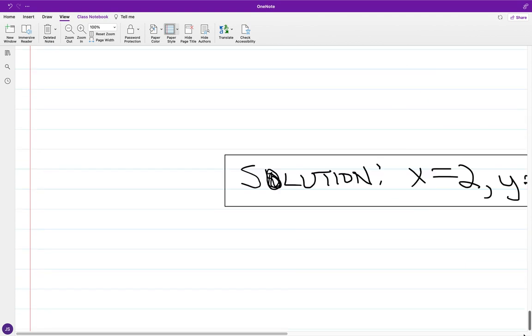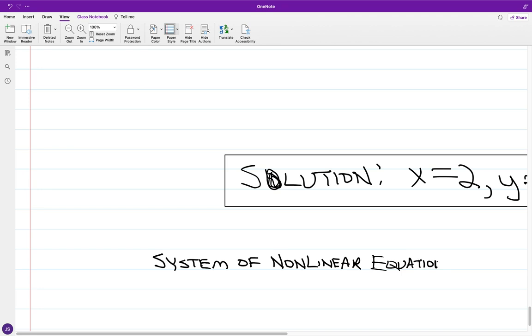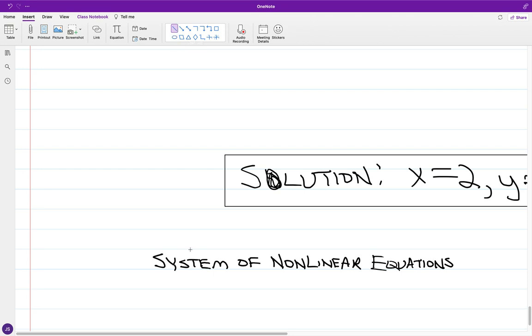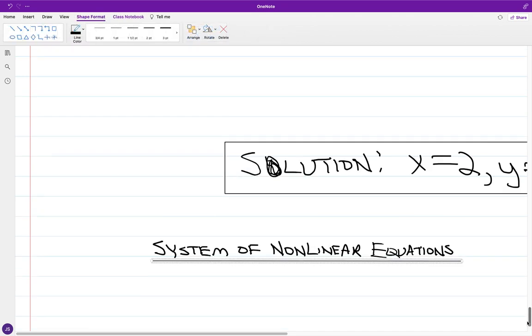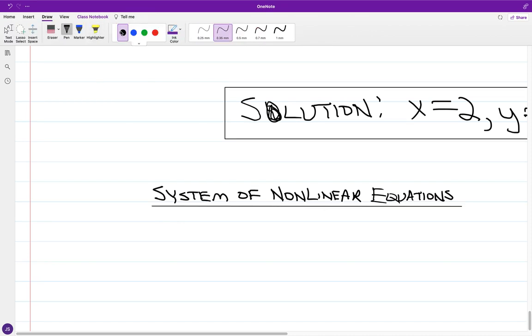Say I have a system of nonlinear equations, and you're looking at solving for x and y, such that if you take the sum of the squares, we're going to have 61.